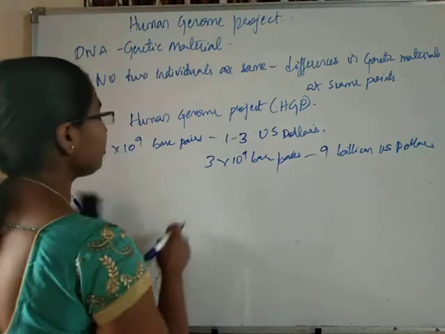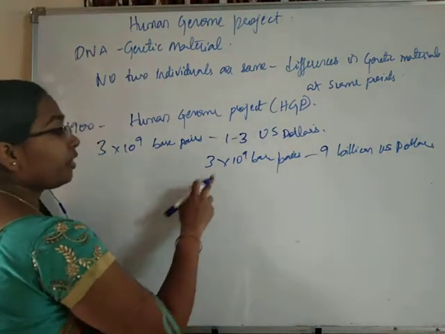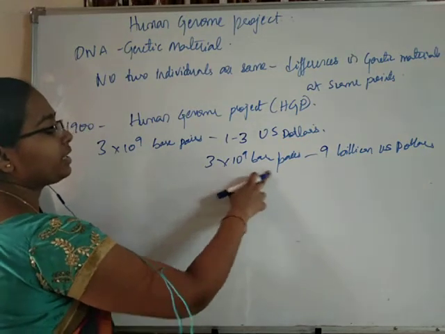And the next feature is, there are 3 into 10 to the power of 9 base pairs, right.